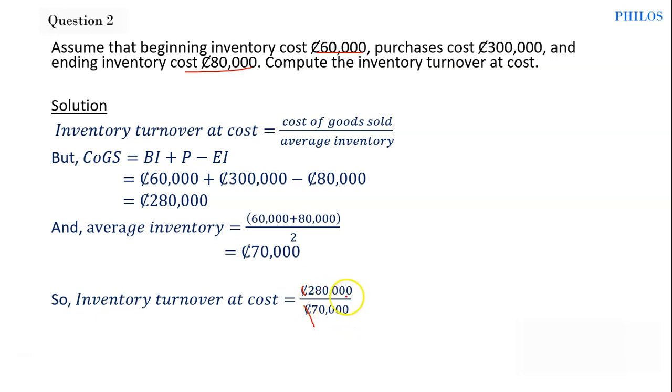Take your calculator and enter 280,000 divided by 70,000. Or let me say, these 4 zeros cancel these 4 zeros. So I'll have 28 divided by 7. And 7 goes into itself once and goes into 28 4 times exactly. No remainder. So the answer is 4 times. So inventory turnover at cost equals 4 times.